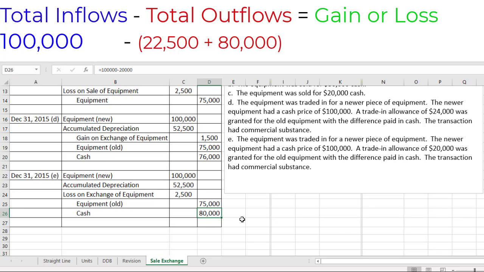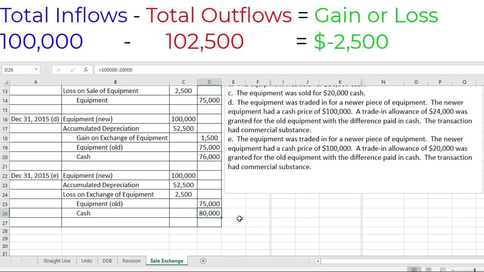So the total inflows were equal to $100,000, and the total outflows were equal to $22,500 plus $80,000, which is equal to $102,500. So if we take the inflows and subtract the outflows, we have $100,000 minus $102,500, which gives us a negative $2,500 balance, which turns out to be our loss, which we found earlier.